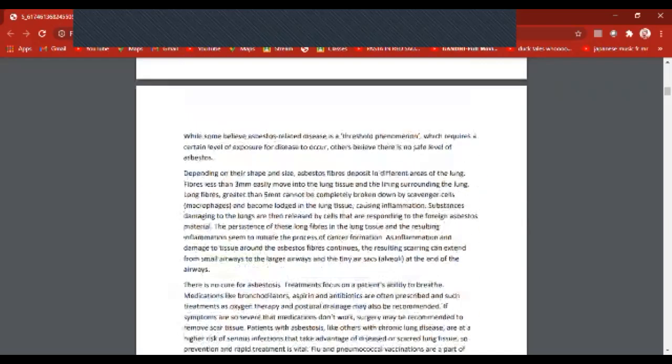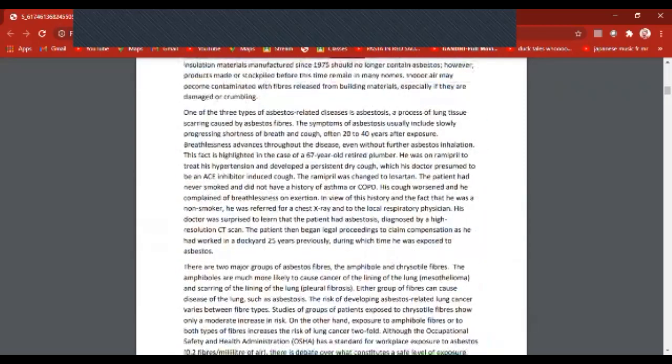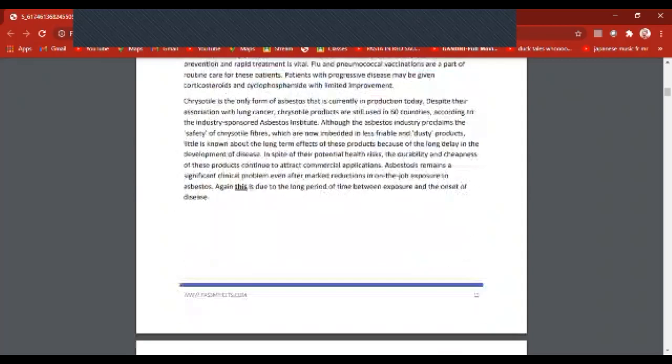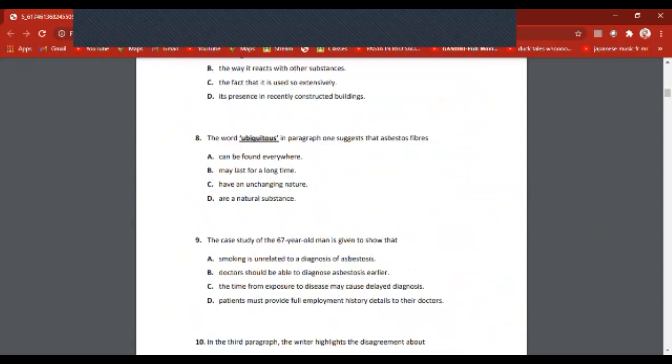Here we did not have to think much, because when answering the first question, we already saw that because of widespread use of asbestos, it's found everywhere. Widely used, and it has been used in a huge number of products. So the answer is A, can be found everywhere. It does not mention anything about lasting a long time, an unchanging nature, or a natural substance. None of these are correct.